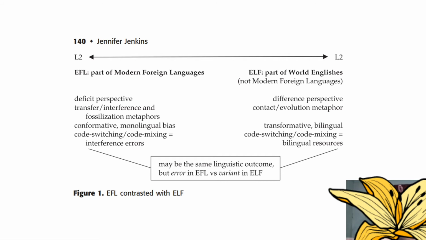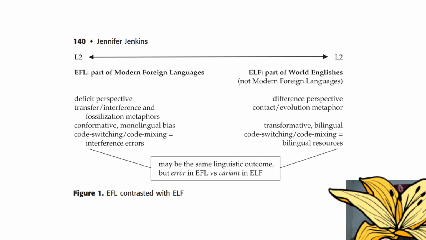I'm going to tell you an example. Let's say that I'm in an EFL context and I say "I have 23 years old." Here I have interference from my native language, which is Spanish, and it's going to be seen that I don't speak English very well.